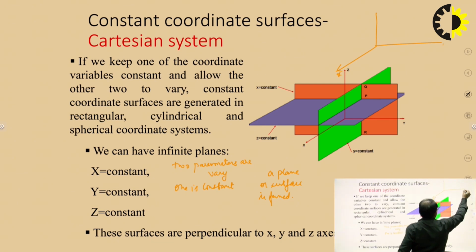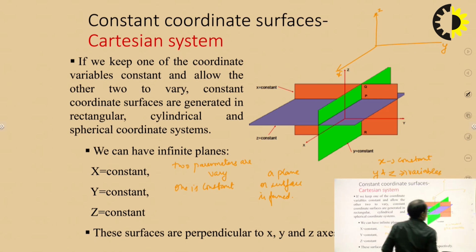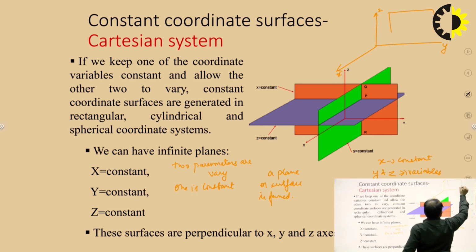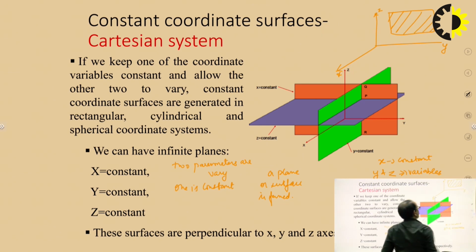This is x, this is y, and this is z. If x is constant and y and z are variables, the surface will form in the yz plane.